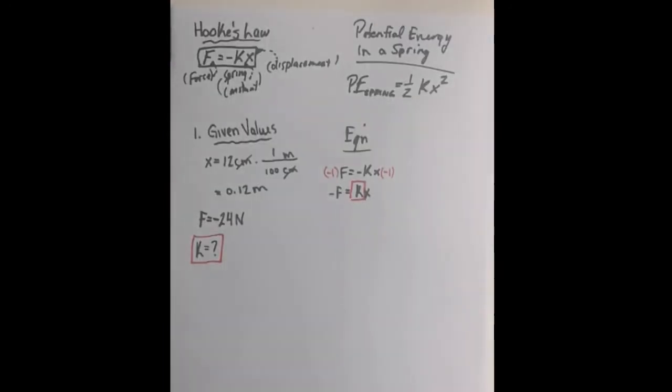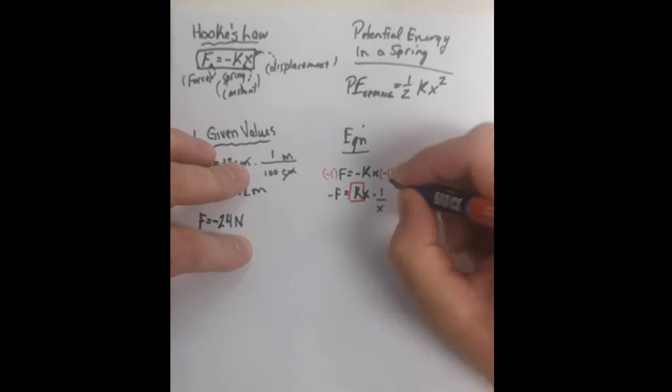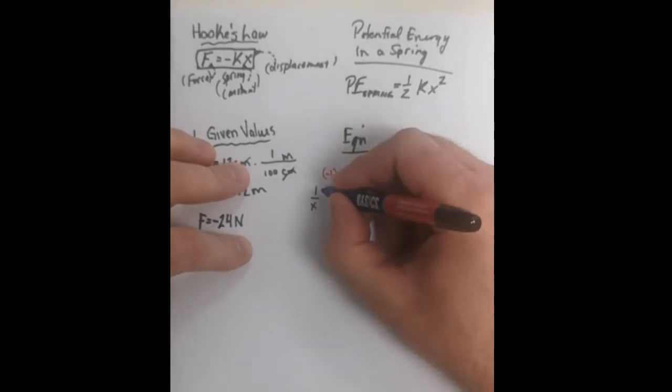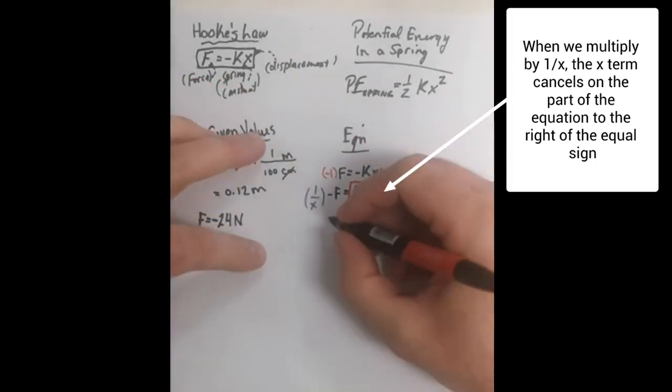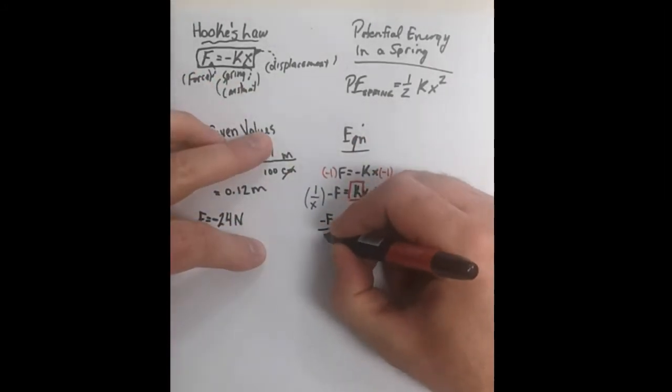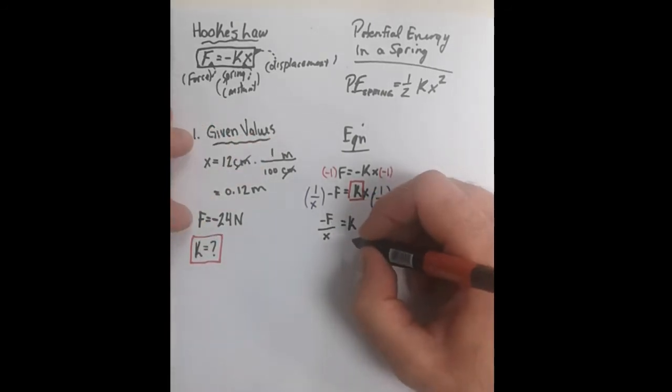Our next step in the procedure, we'll multiply both sides of our equation by 1 over x. When we multiply both sides of our equation by 1 over x, we have negative F over x is equal to k. We can sub in these values.